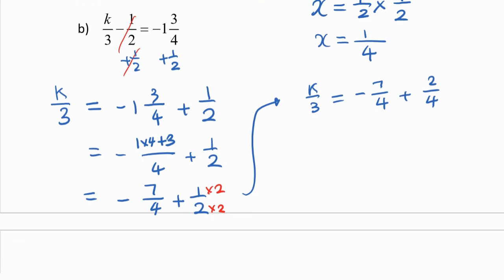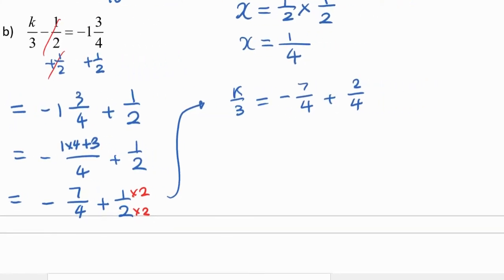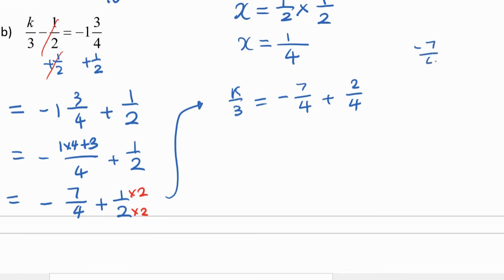Right, so I want you to remember this. When you have a negative fraction, you can move the negative sign to the top or to the bottom. Does not really matter. So negative 7 over 4 is the same as 7 over negative 4.